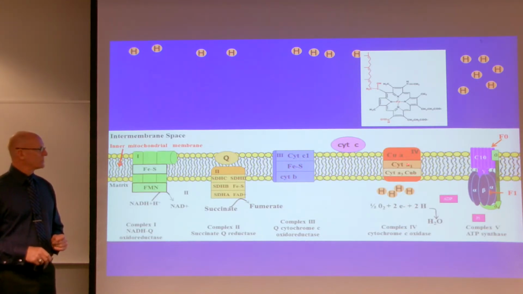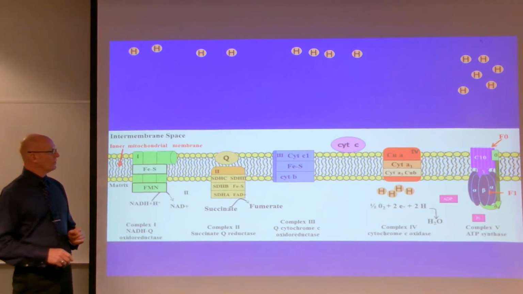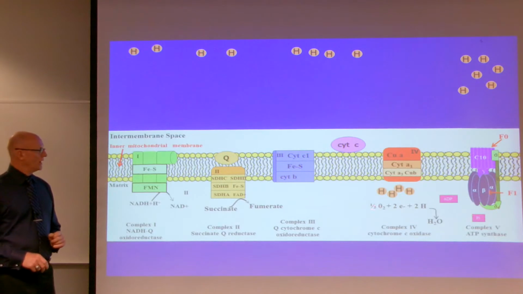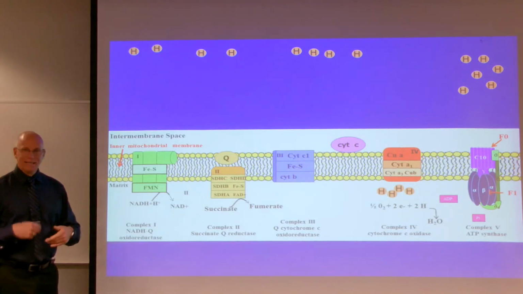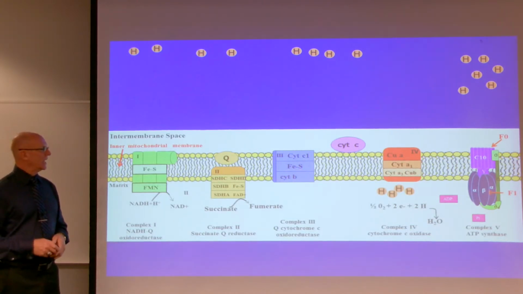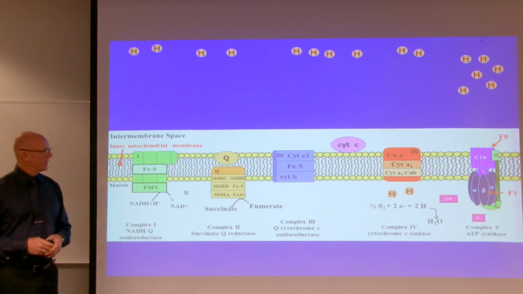We'll pass those electrons down to here, and then those 2 electrons will bind with one of the oxygen units. This is half of a diatomic oxygen, O2, and so therefore half of this is one oxygen. Those 2 electrons will bind with that one oxygen, and as those electrons passed through complex 4, again, it did a conformational change and allowed 2 hydrogen ions to go into the intermembrane space.